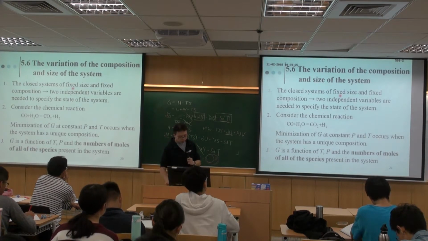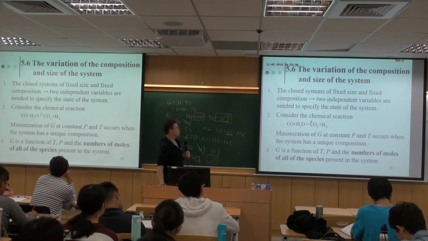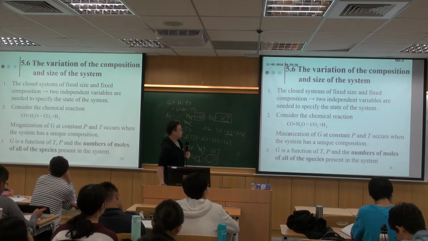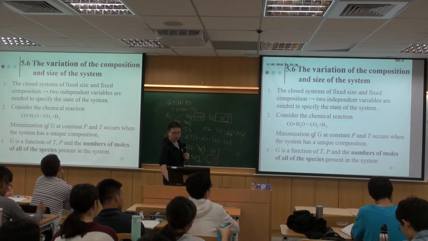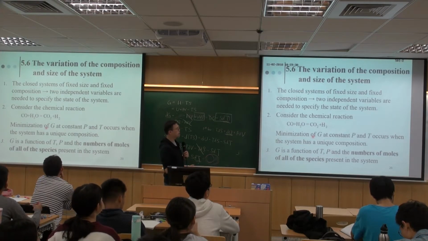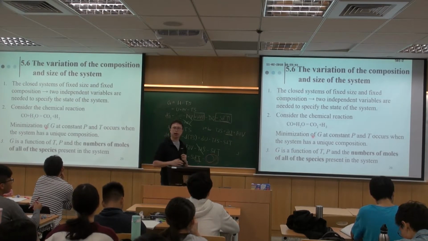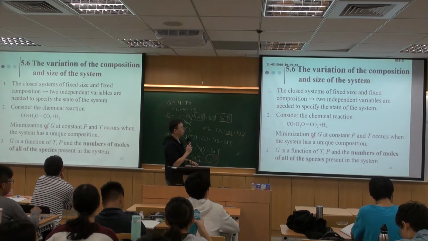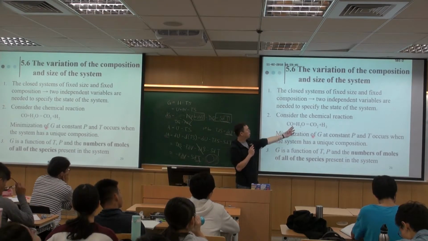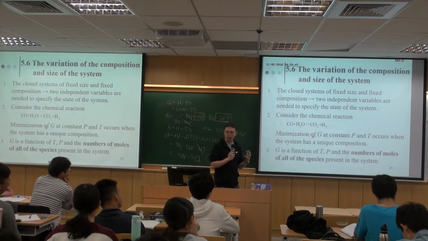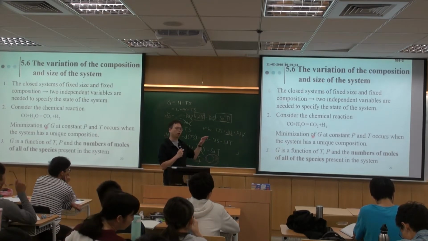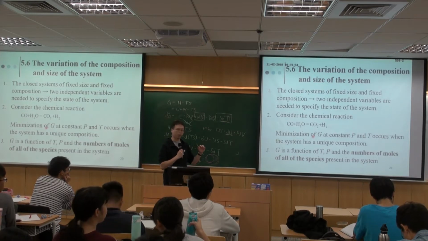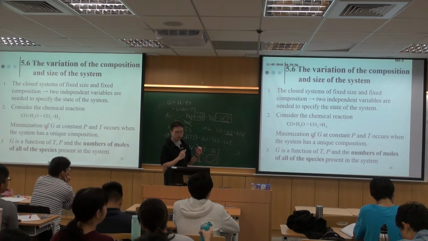So, for instance, if you're dealing with a chemical reaction, this is a very simple reaction, and the minimization of Gibbs free energy at constant pressure and temperature occurs when the system has a unique composition, right? This is based on, say, high school chemistry. Now you know the concentrations of these two and these two should have a certain ratio in order to make sure that this reaction is at its equilibrium, or dynamic equilibrium.